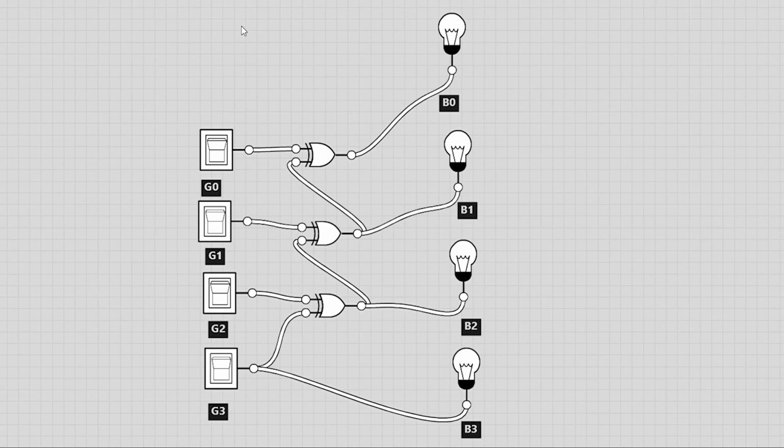Now we are going to see the gray to binary simulation. G0, G1, G2 and G3 are the inputs. B0, B1, B2 and B3 are the outputs. Now G0 is activated, B0 is high and the others are low.